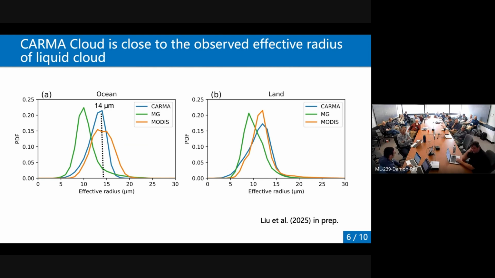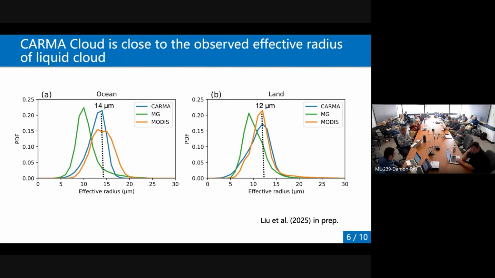So for the oceans, we have the peak effective radius of around 14 microns, which is consistent between Karma Cloud and the data. And for the effective radius of the land, it's about 12 microns.